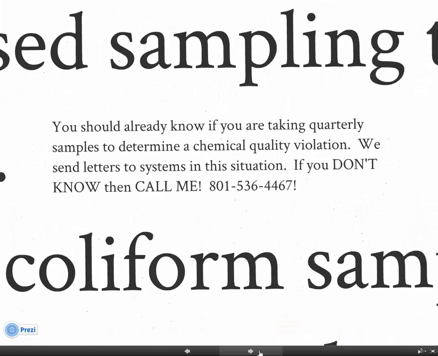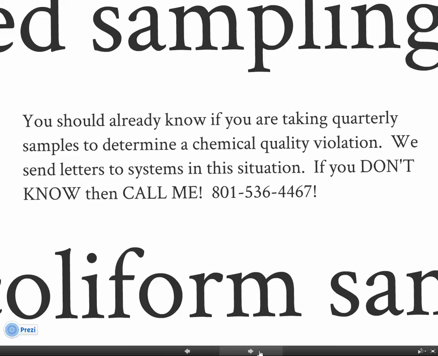Now, your question for me is, how do I know if I am in this quarterly sampling period for any of the contaminants that I sample for? The answer is you should already know if you're one of the systems in that boat. If you do not know, or you question your quarterly sampling, for example, you want to know how much longer you're going to be sampling quarterly, then call me.